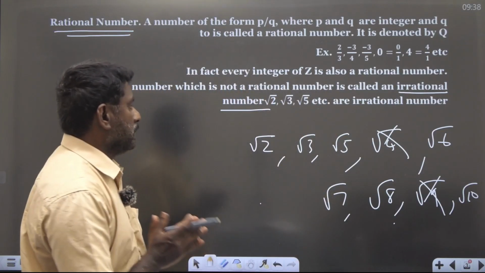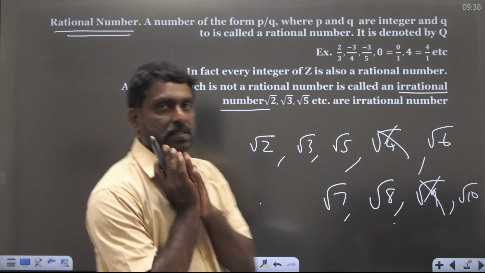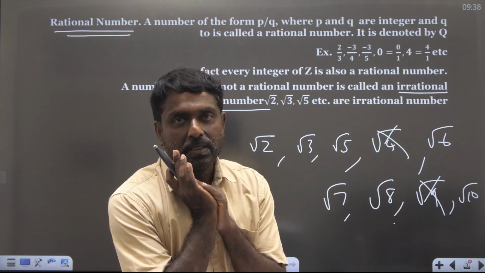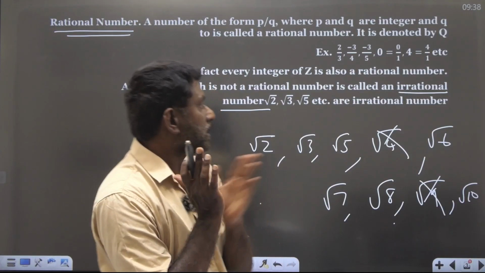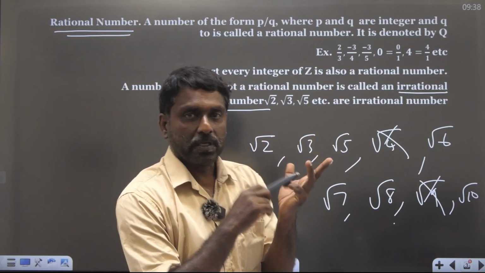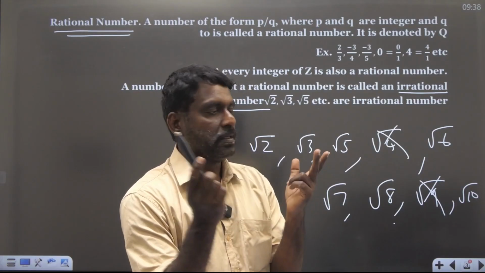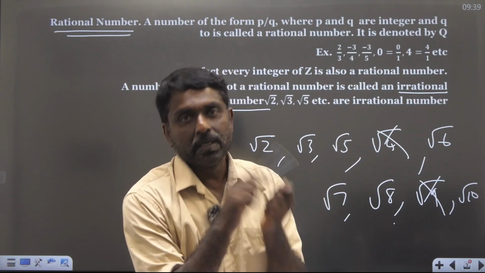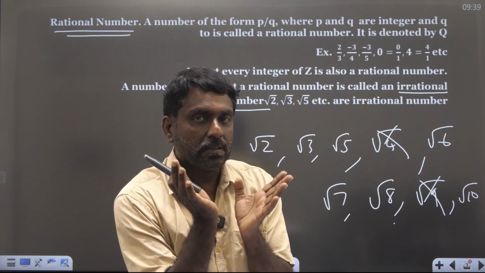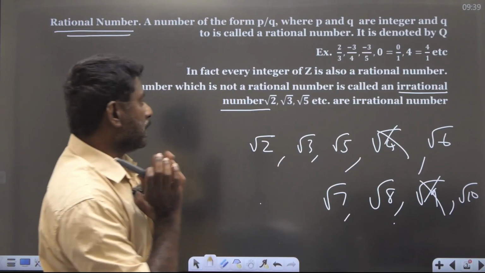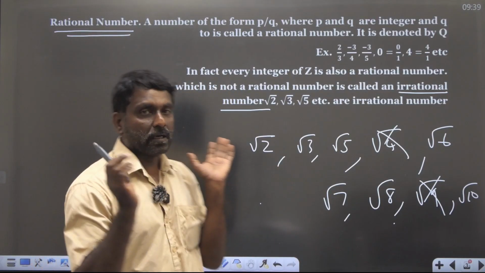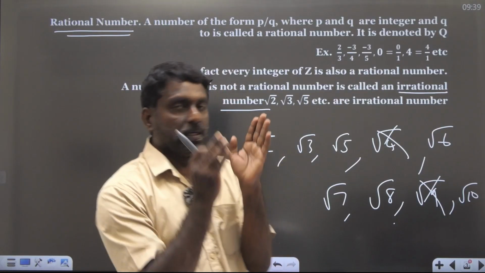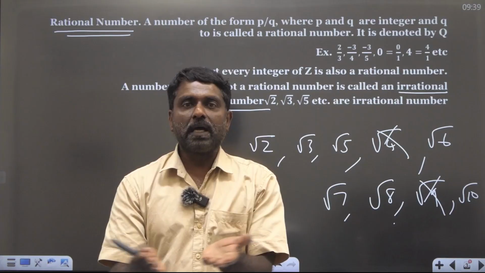Then our chapter is real numbers. What is a real number? Already we have studied natural numbers, whole numbers, integers, rational numbers, and irrational numbers. Real numbers means the collection, the group, the set of rational and irrational numbers.